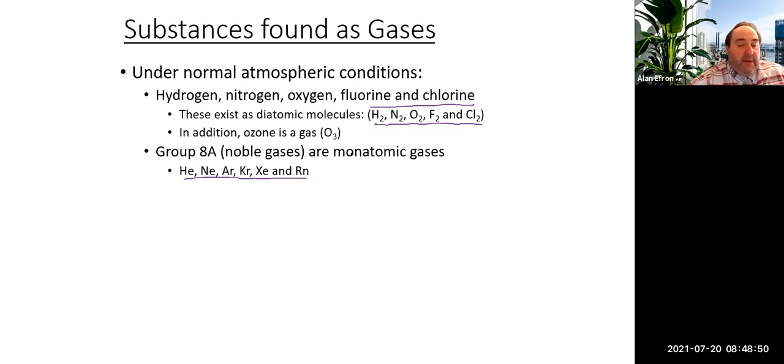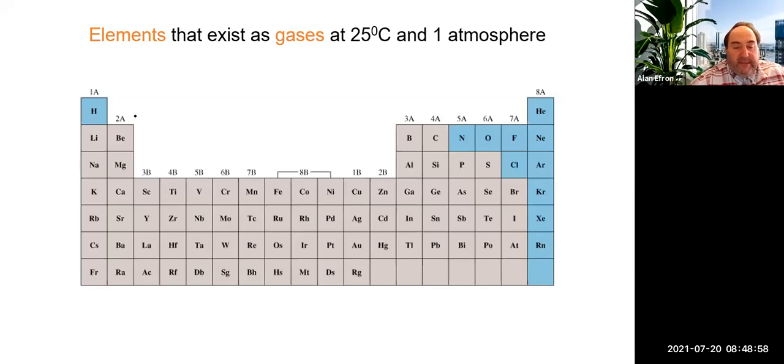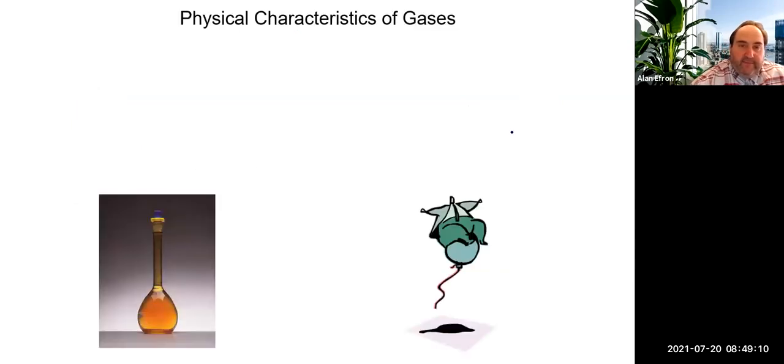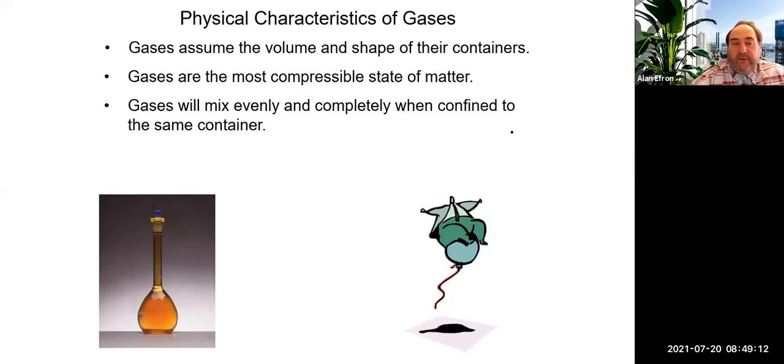Those are monoatomic, which means they come as one. So that's our helium, neon, argon, krypton, and xenon. And that's what we see here, the ones in blue are naturally gases under normal conditions. So what are some of the properties that we associate with gases?